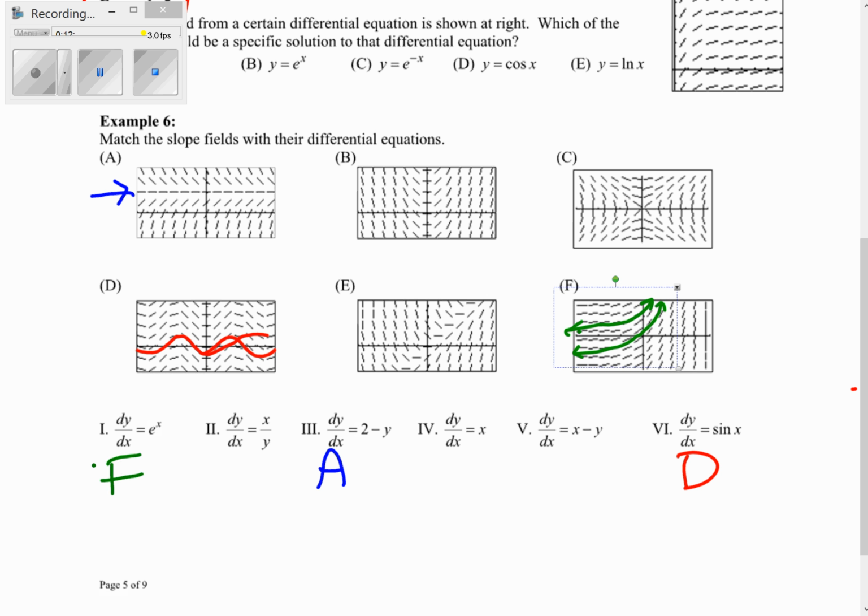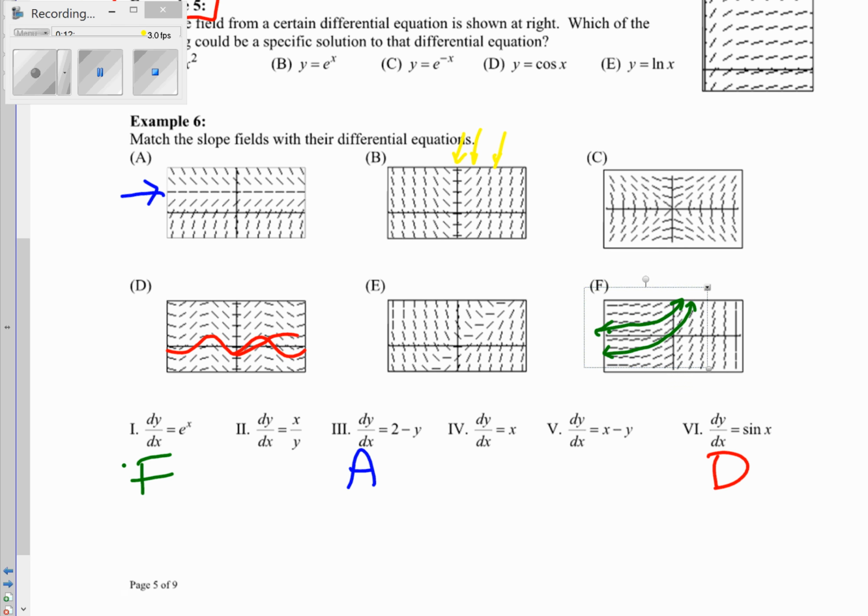So, again, I notice here, when x equals 0, the slope is 0. When x equals 1, the slope is 1. When x equals 3, the slope is 3. So it's only depending upon the x. And if I graph it, it would look something like that. So it looks like this is B.